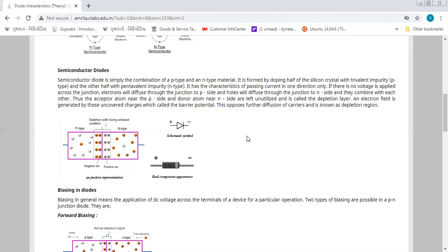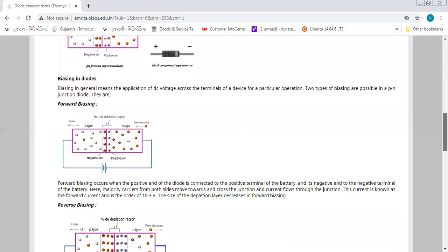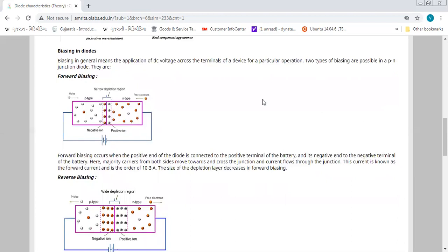Now coming to different types of biasing, there are mainly two types of biasing in diodes, that is forward biasing and reverse biasing. In forward biasing, when the P-type material of the PN junction diode is connected to the positive terminal of the battery, then this type of biasing is called forward bias.